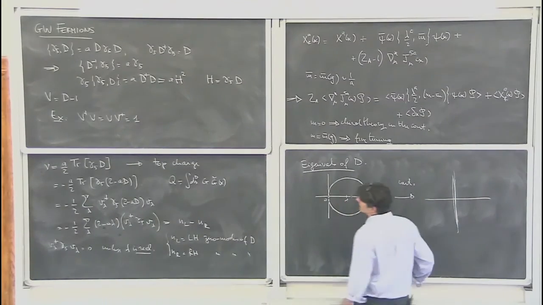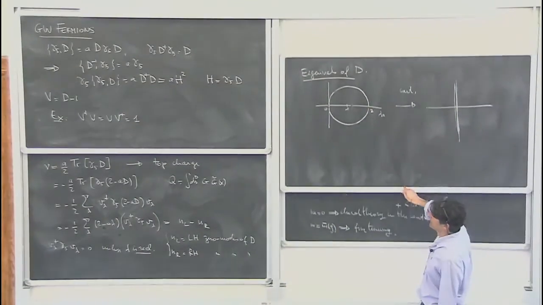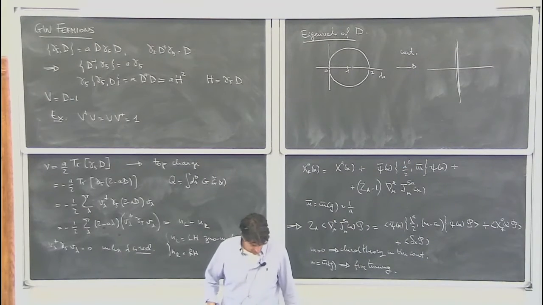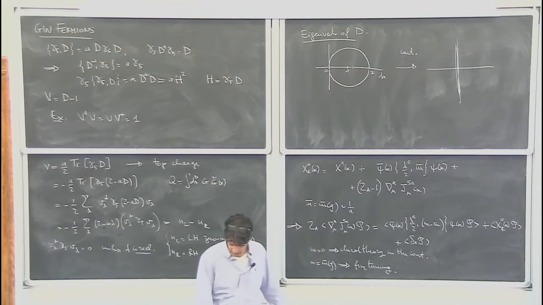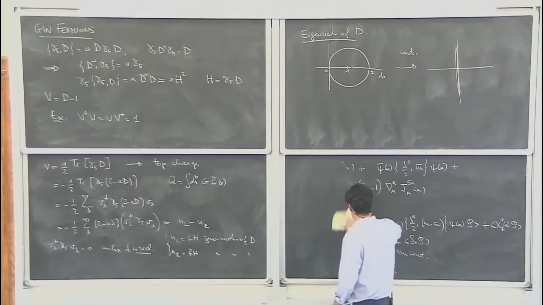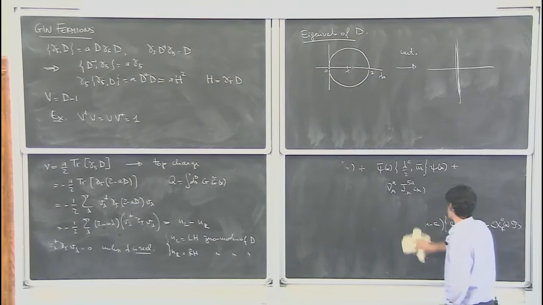So having done this, we can now go back to the axial Ward identities and discuss the axial anomaly.